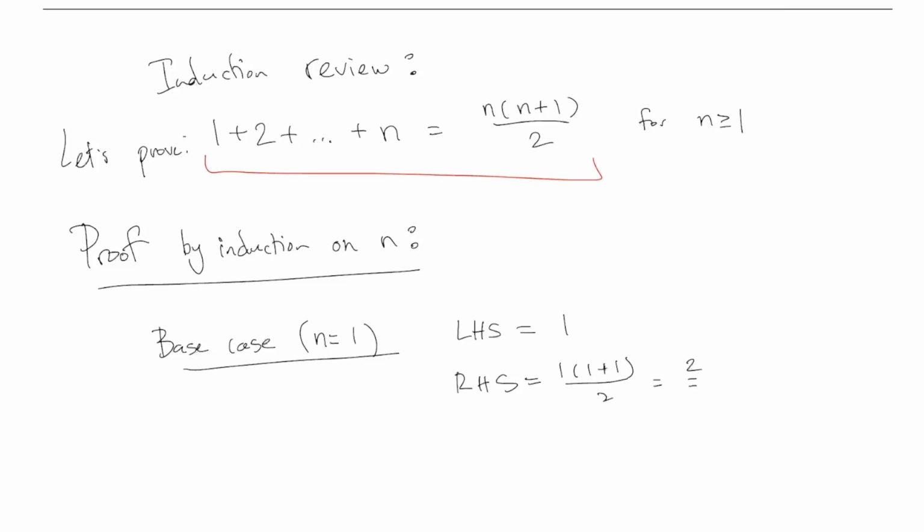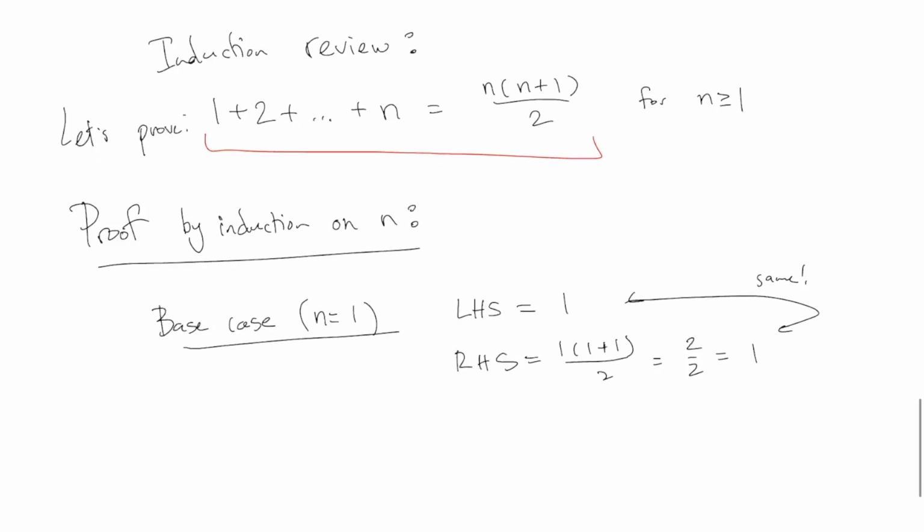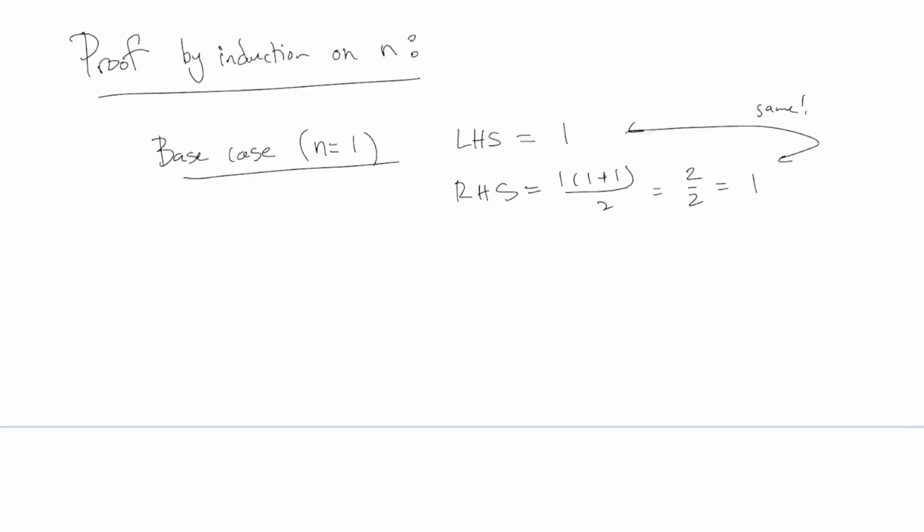That is 2 divided by 2, which is 1. And these two things are the same, which is what we wanted. So we have demonstrated the two sides of the equation are equal, and the base case is finished. Usually the base case is very, very easy. You just plug stuff in and see that it's true. Next comes the induction step, and this is the more interesting part.